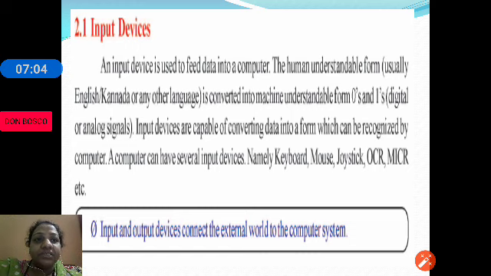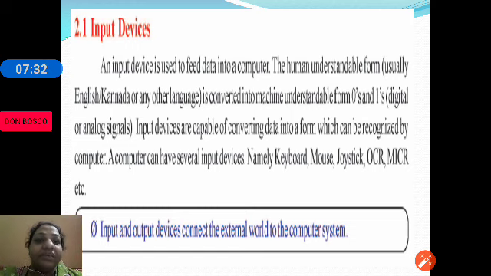Input devices are capable of converting the data into a form which can be recognized by the computer. So, what is the job of an input device? They are capable of converting the data into computer understandable language, that is zeros and ones. A computer can have several input devices.